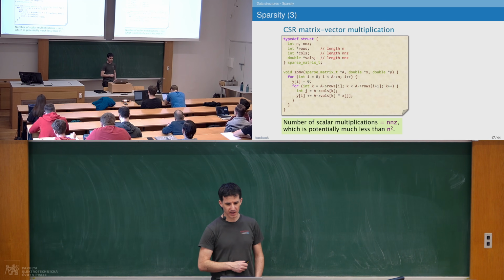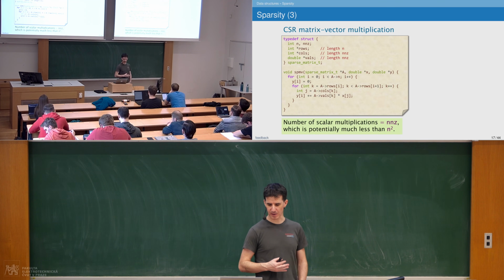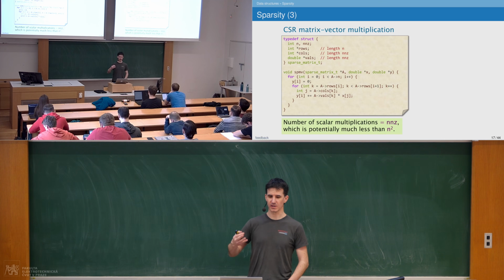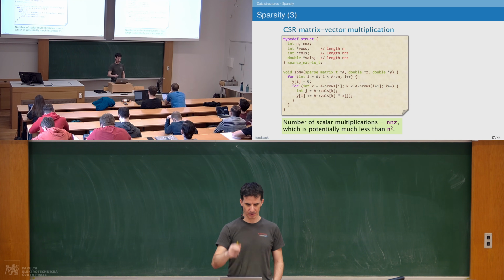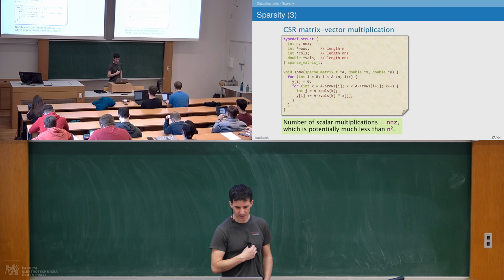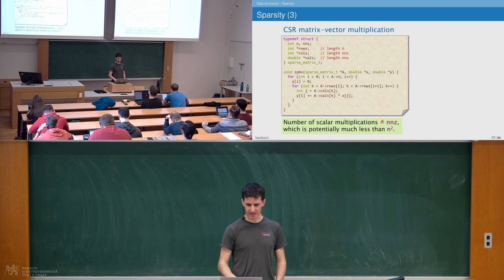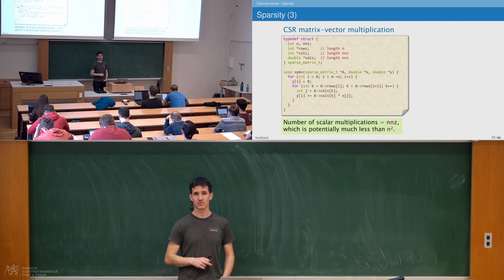Now, how can you multiply this matrix by a vector? Instead of doing the textbook algorithm for matrix vector multiplication, you do it in a bit more sophisticated way. This is the data structure, this is the algorithm, and basically what you end up with is exactly this amount of scalar multiplications.